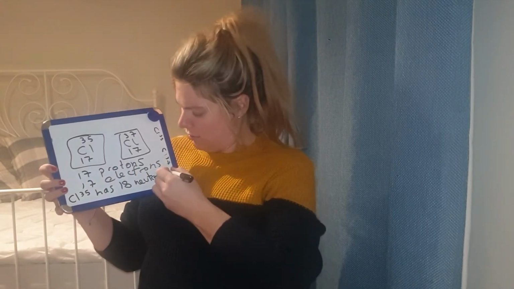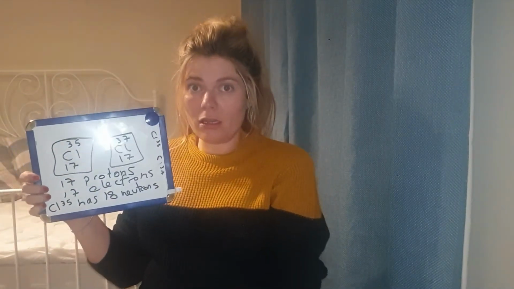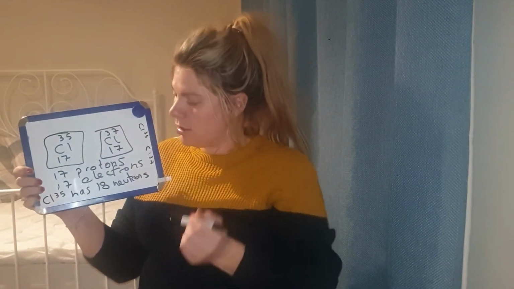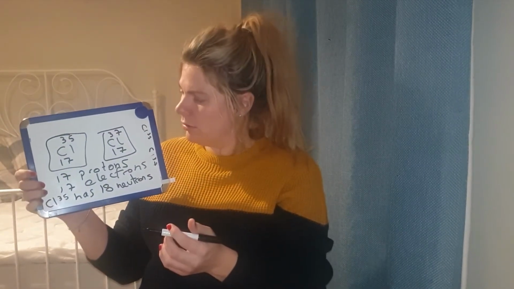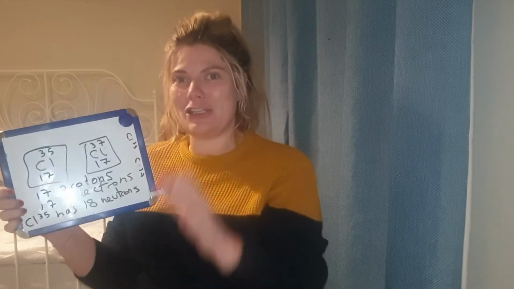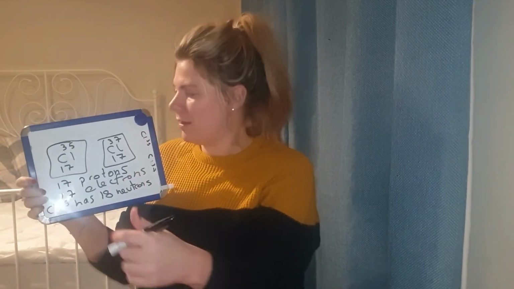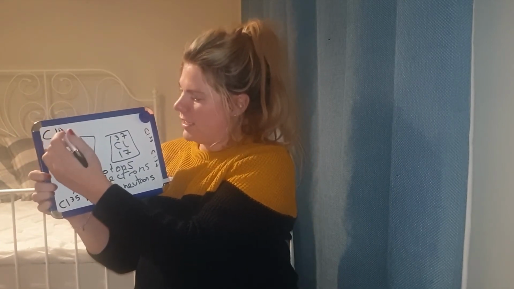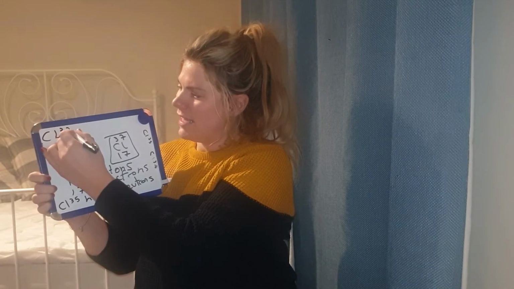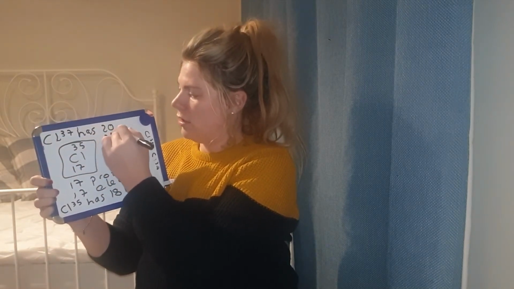And chlorine 37, top number take away bottom number, has 20 neutrons. Sorry, my maths. I'm going to bring a calculator next time. I'm not a mathematician. So chlorine 37 has 20 neutrons.